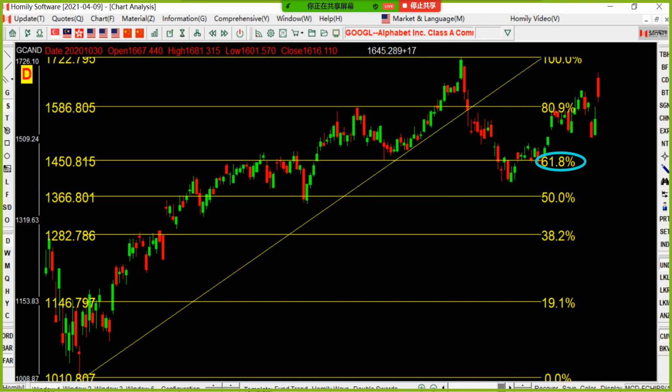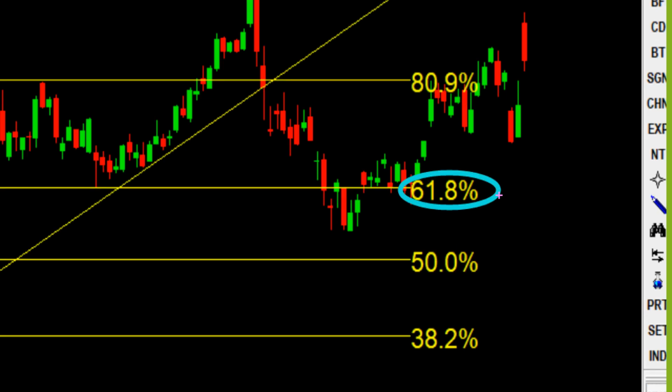We check Google. What happened this time? This time from late March to early September, it retraced all the way and touched 61.8. For this kind of trader, they only believe in the golden section. How do they do it? When it retraces to 80.9, never buy.